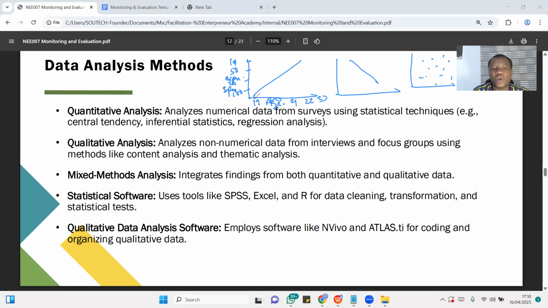So there's a positive relationship, because as the age is increasing, so also the expense. So if you're 19, you spend 10,000. If you are 20, maybe you spend this. If you are 21, you spend this. If you are 30, you spend this. So there's a positive relationship between your age as you're progressing and your expense, right? So all of this is under quantitative analysis.